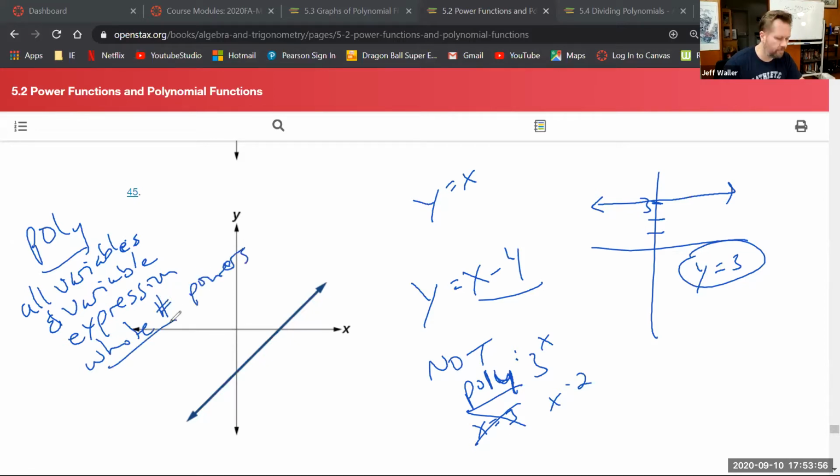What are whole numbers? Zero to infinity. Good. 0, 1, 2, 3, right? So they're the non-negative integers. So why is 3 a polynomial? Because what's the power on the x? 0.